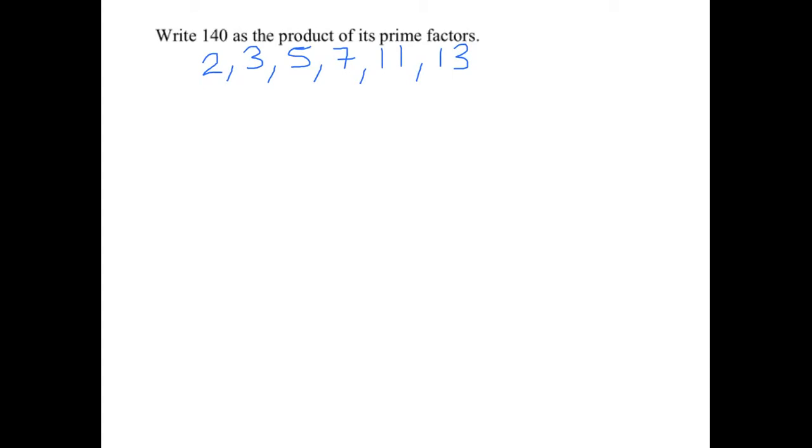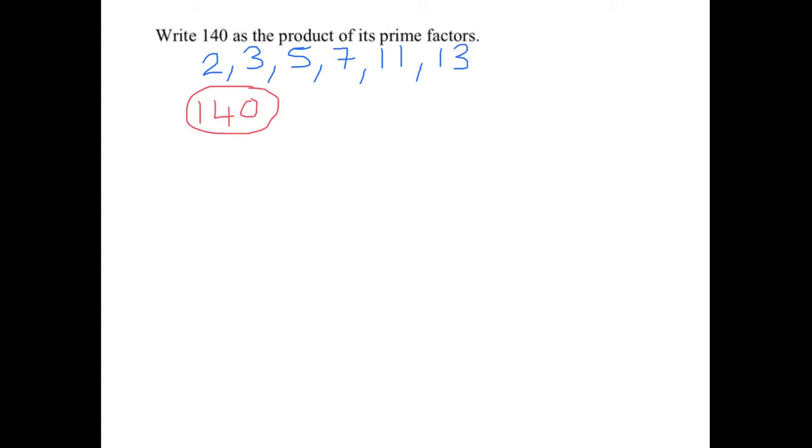Okay, now what I'm going to do is start with our number of 140, and divide it by the lowest of these prime numbers that I can. So I'm going to start by looking at 2. Can I divide 140 by 2?